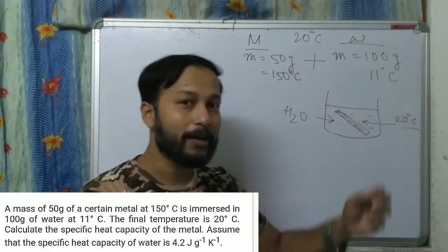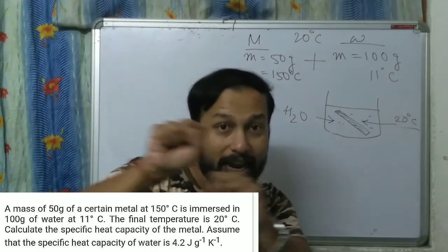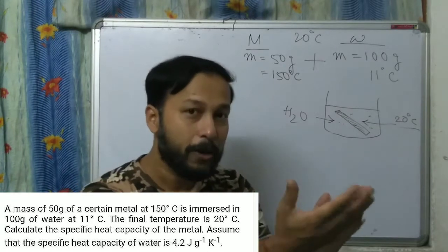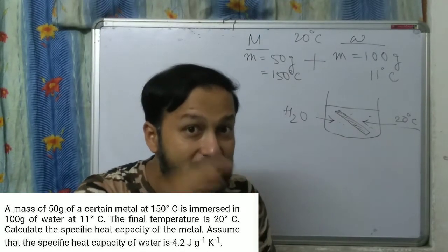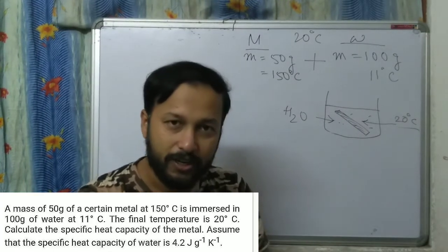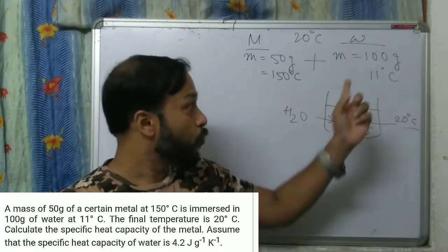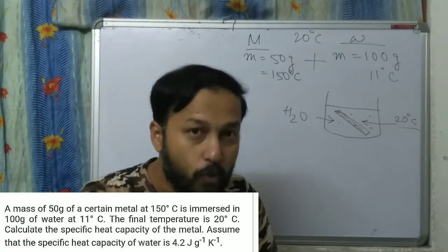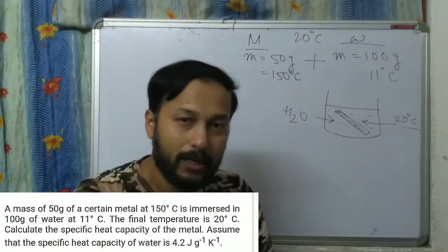Water. That means water will take heat. Understood? Metal will give heat because the temperature of metal is higher than water, and water will take heat because the temperature of water is less than metal.